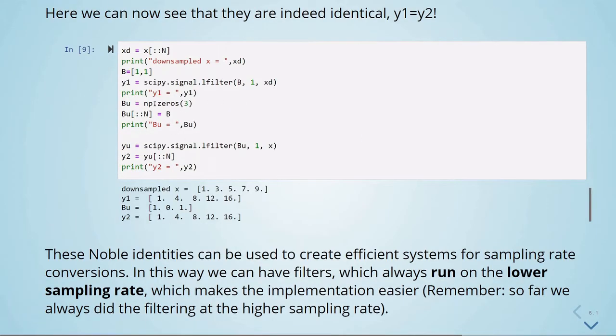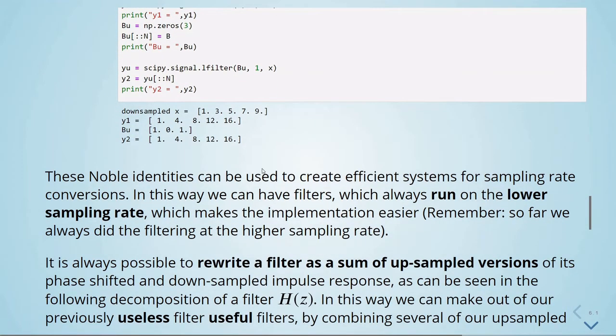We have this upsampled version of the filter, and we filter and then we downsample, and we see that they're both the same. So these noble identities can be used to create efficient systems for sampling rate conversions. So in this way we can have filters which always run at the lower sampling rate, and that makes the implementation easier.